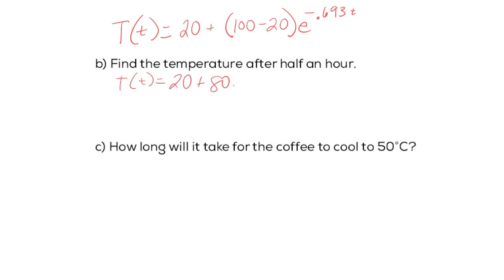I'll call that 80 e to the negative. I put the negative back in because the formula has the negative. It's a negative k, and I found k to be positive, but when I put it in here, it goes back to negative. And I know that my time, since everything was in hours, is 0.5 or 1/2. Now you know everything on the right side, so really you're just typing in your calculator. Be careful with your order of operations. I'm just going to type it in left to right.